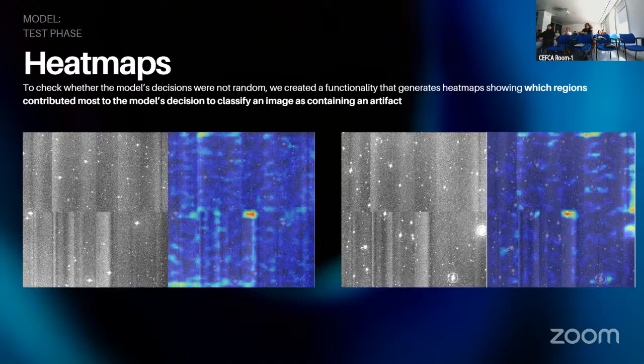And when you don't have the artifact and you have the background gradient, does the machine learning detect those images, or do you need something particularly strong to flag the image? In these cases, the main artifact is here, but there are also some gradients there.